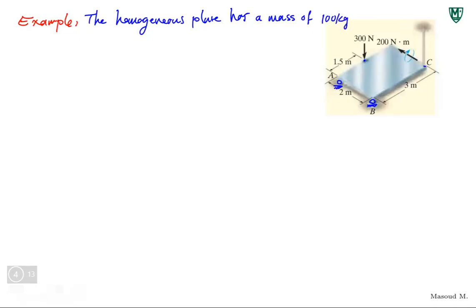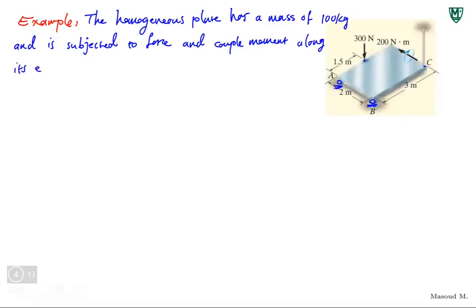So in this case, we are given the mass directly, meaning that we can neglect it, and is subjected to a force and couple moment, well, it's just a moment, you can see, along its edges.